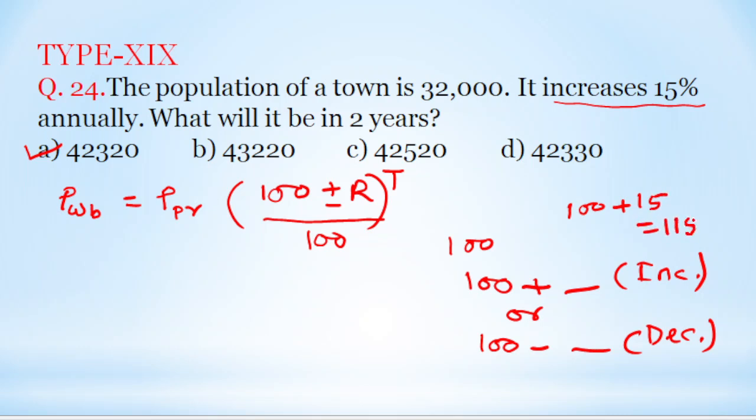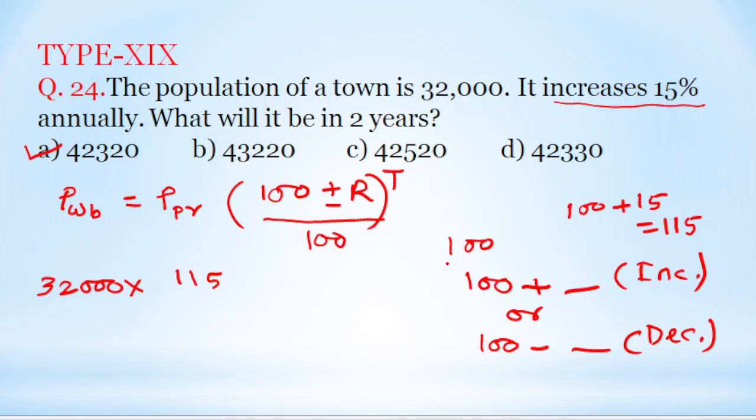Again here, listen, if the rate percentage is increased, that means after 2 years the population will be more than the present population. That means here 32,000 into, now the fraction should be like this, the numerator will be greater than the denominator.